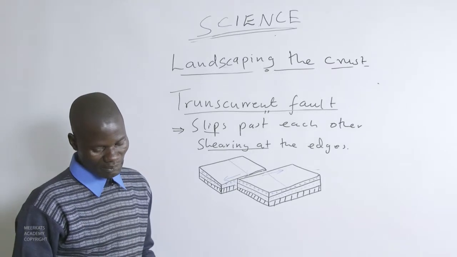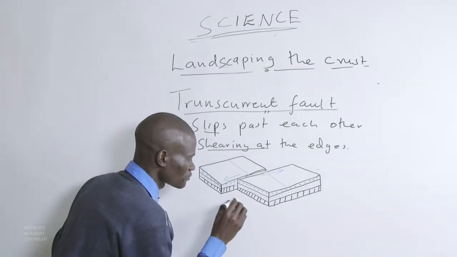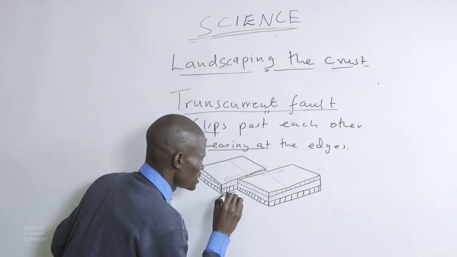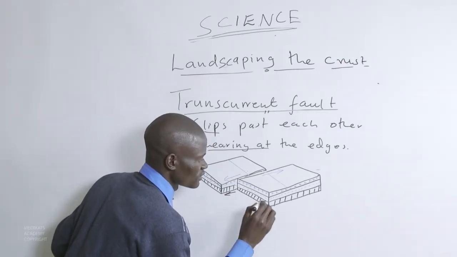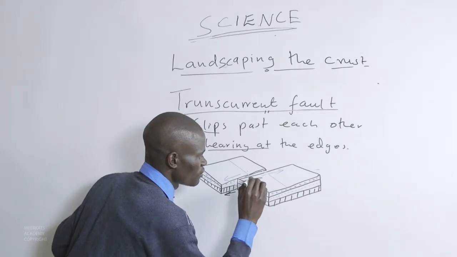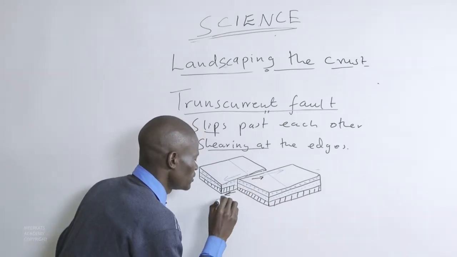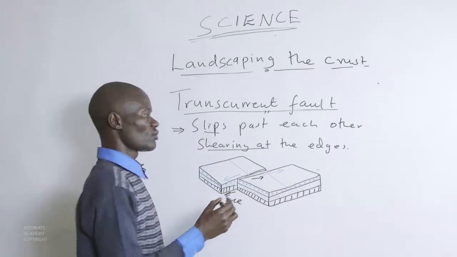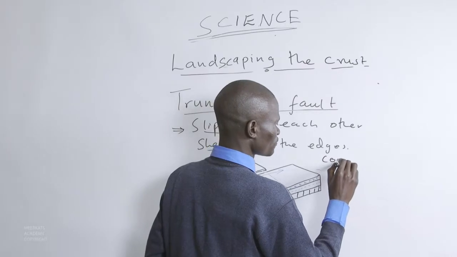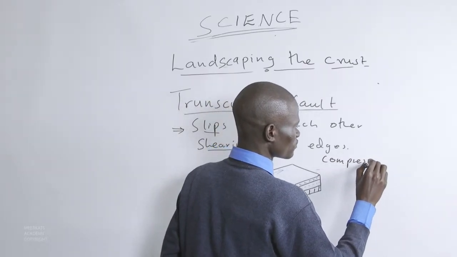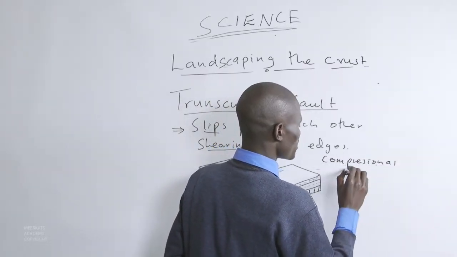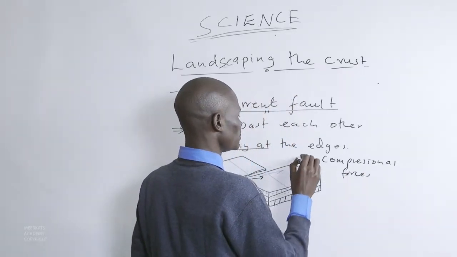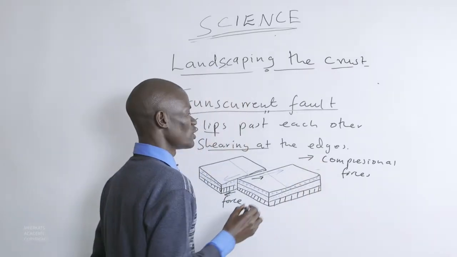And in many places you will find that the force will always work around this environment. There will be two forces moving. Therefore, we have what we call the compressional forces. Compressional forces, that is the one that is working here. It is represented by both arrows.